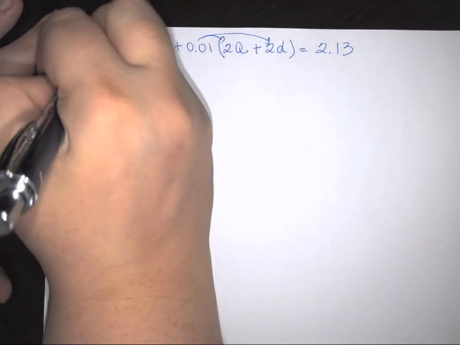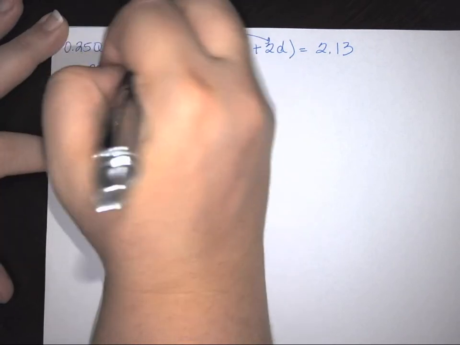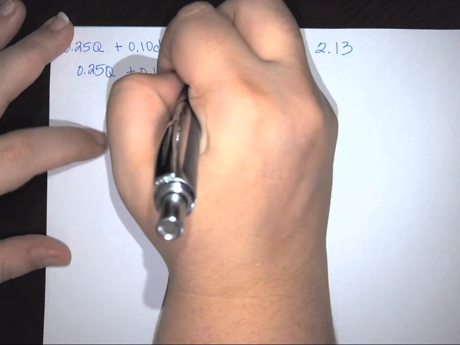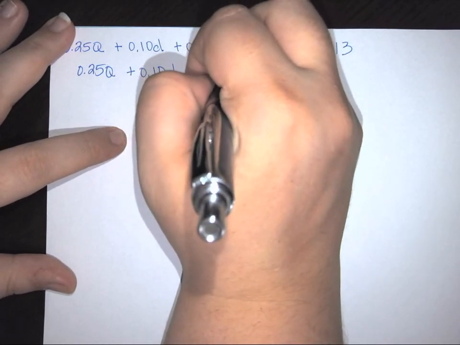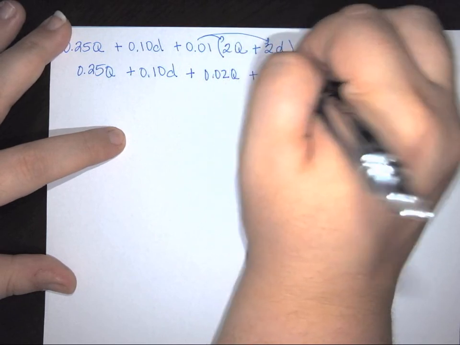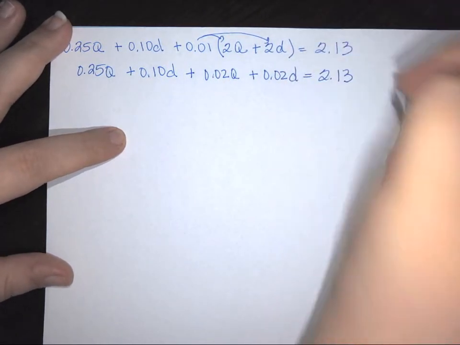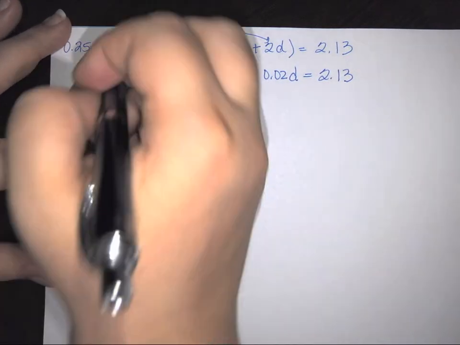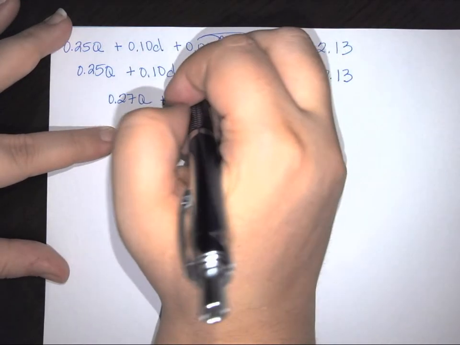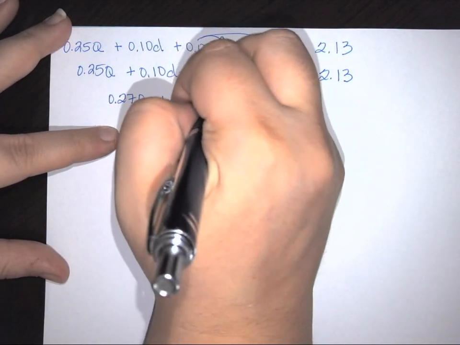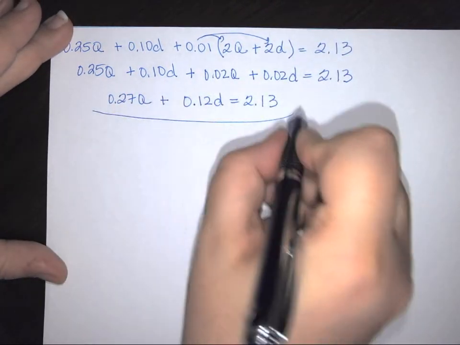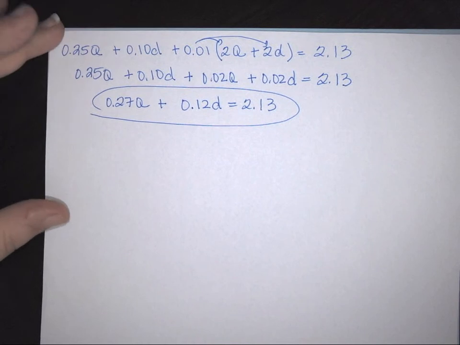So I'm still going to have that 0.25Q plus 0.10D, and now this is going to be plus 0.02Q plus 0.02D equals your 213. Combine my terms, 0.27Q plus 0.12D equals 213. And here is my next 2 variable equation.